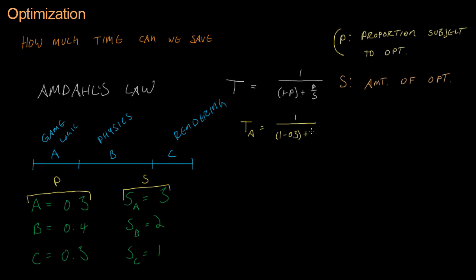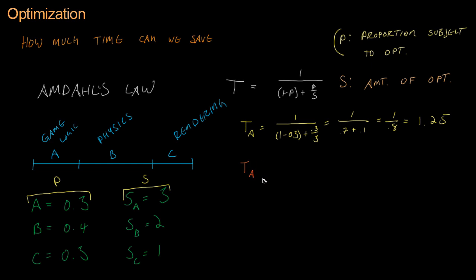And so we add that to 0.3 over S, which is going to be 3. And then we simplify this. We get 1 over 1 minus 0.3, which is 0.7, plus 0.3 divided by 3 is 0.1, which equals 1 over 0.8, which is 1.25. Great.